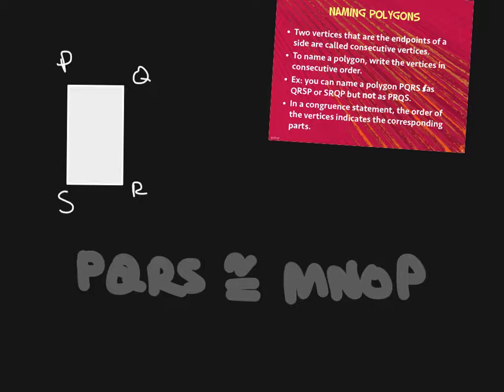Angle N. What would be congruent to angle S? Angle P. Oh, I did P twice. Sorry, that's a bad example. MNO, let's call it T. What would be congruent to P? M, right? So P would go with M, Q would go with N, R would go with O, and S would go with T. Does that make sense?